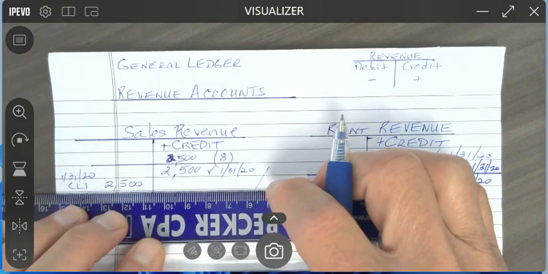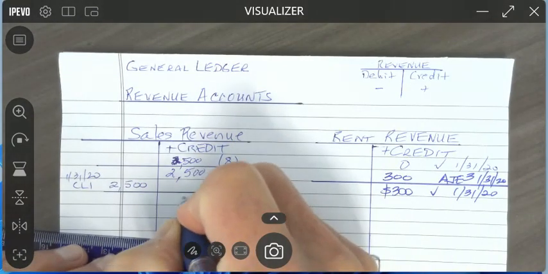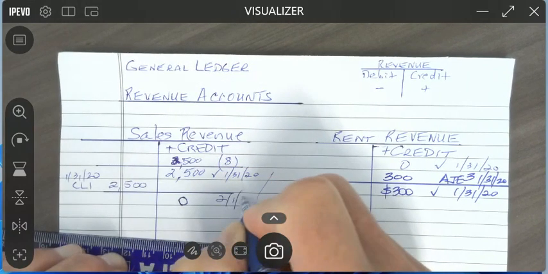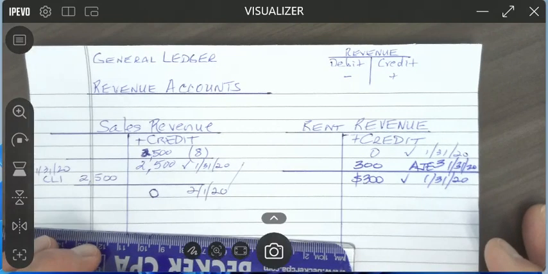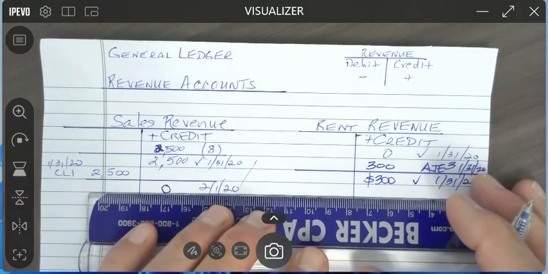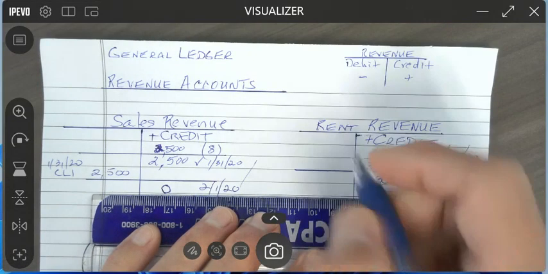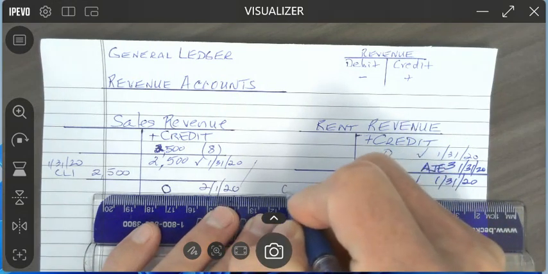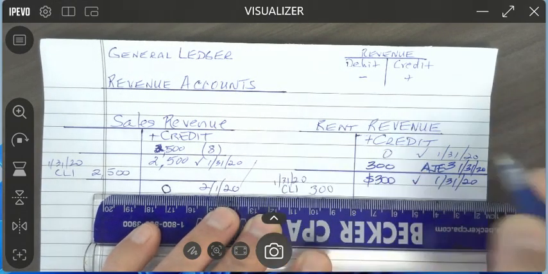And that brings the balance to zero at 2/1/20, and we're ready to start adding up our hopefully many revenues in the next period. Same thing with rent revenue. Debit it for $300 in closing entry 1 on 1/31/20.